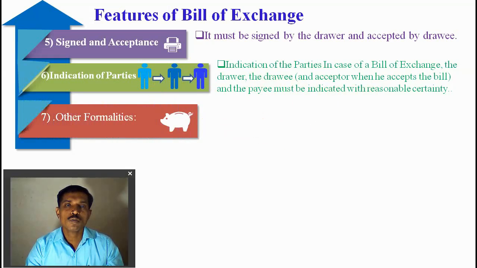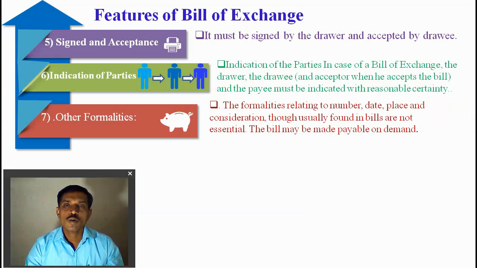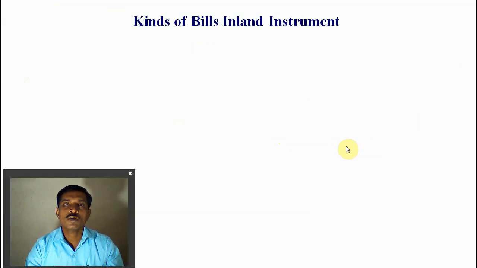Next are the other formalities. The formalities relating to number, date, place and consideration, though usually found in bills, are not essential. The other formalities are not essential. The bill may be made payable on the demand of the person. So these are some features of the bill of exchange.